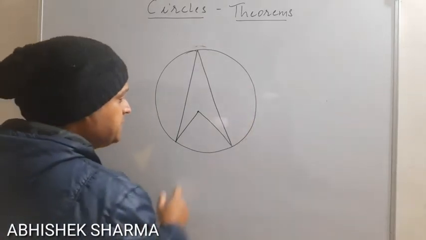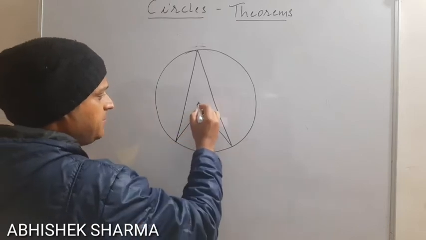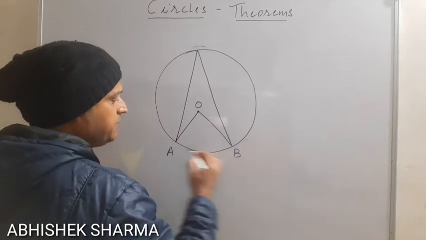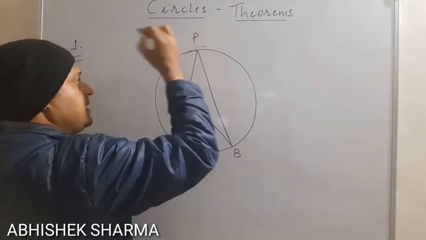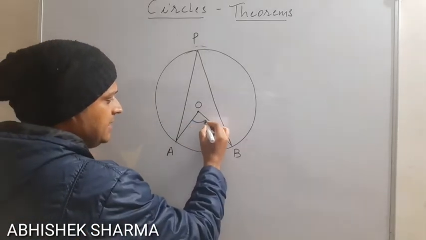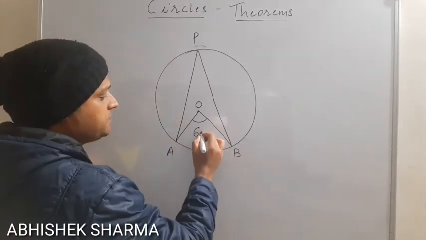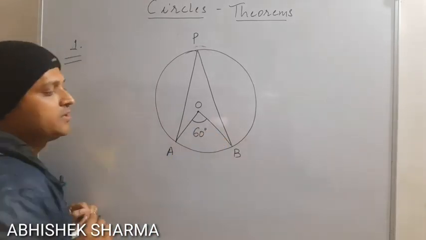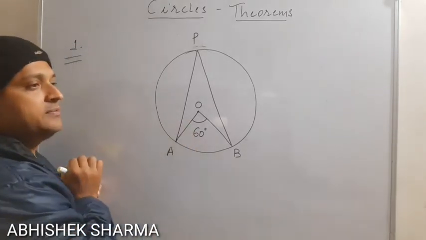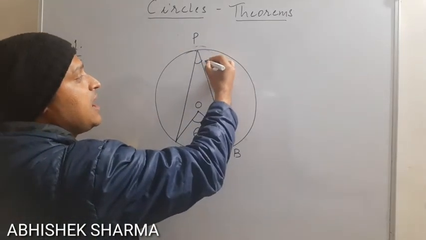As we are seeing, the angle at the center, this is our center, so let us name it as O. This is A, that is B, and here the angle P. Suppose the angle at the center is 60 degrees. The angle which is forming at the center, then the angle which is forming at the circumference is half of that.